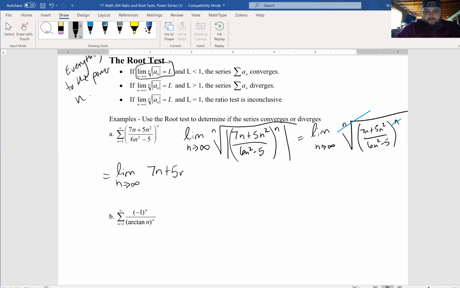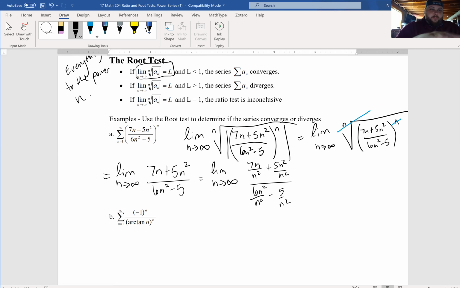Now I just need to evaluate an infinite limit, which again, I divide by the highest power of n in the denominator, which is n squared. So divide every single term by n squared. It'll cancel completely there, and one of them there.